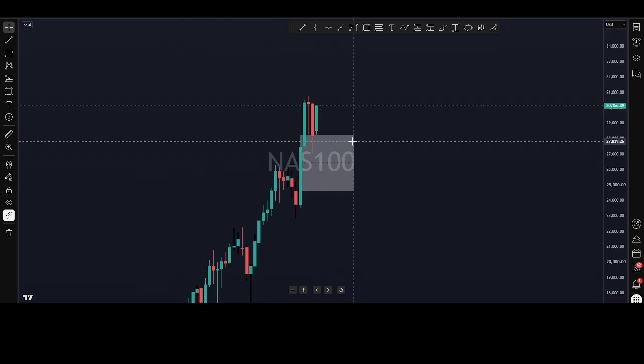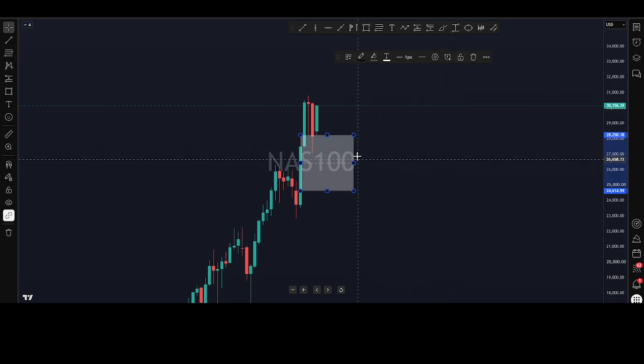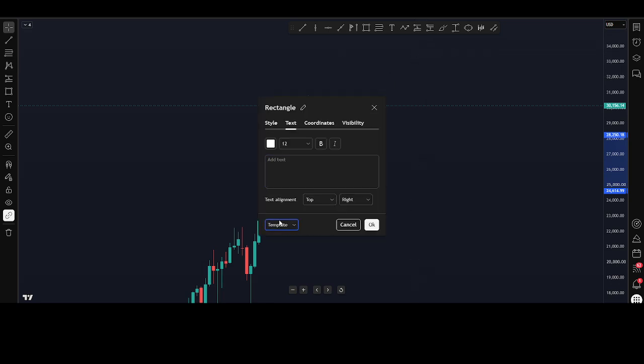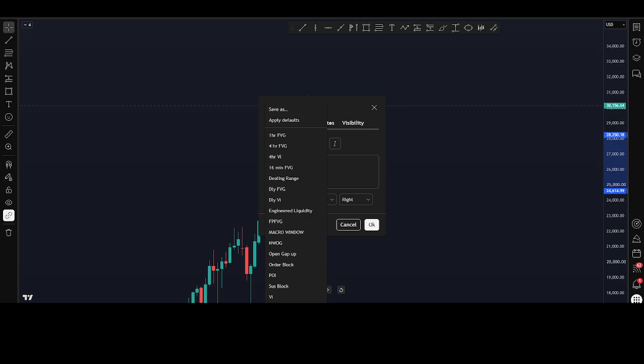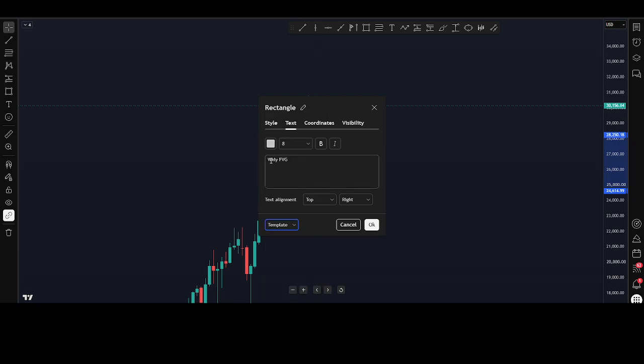We'll change that so you can keep track of it as we go on. Obviously, as we break it down, this is going to end up over here somewhere, so I'm going to pull this in to make it a bit more manageable. Don't know if I've got a monthly one set up. I will go for weekly fair value gap and change it to monthly. It's the way I would mark that up.